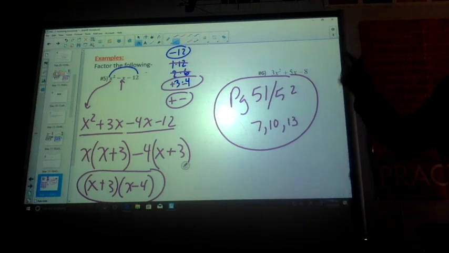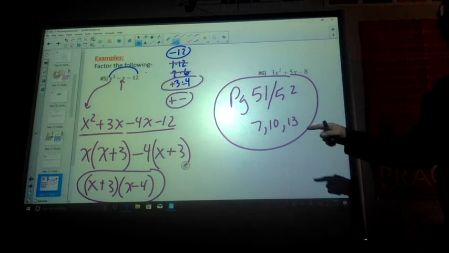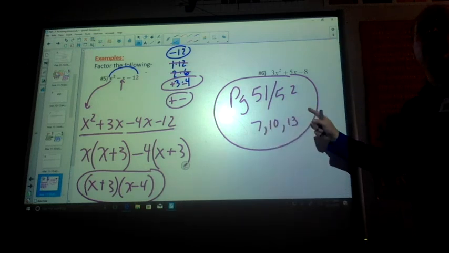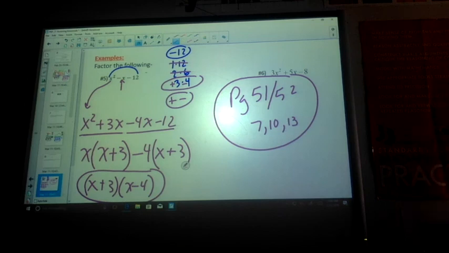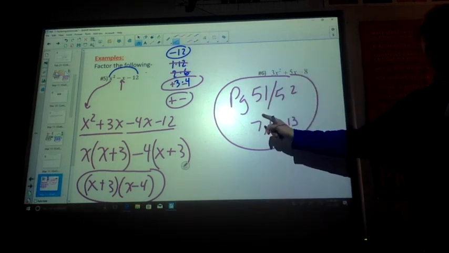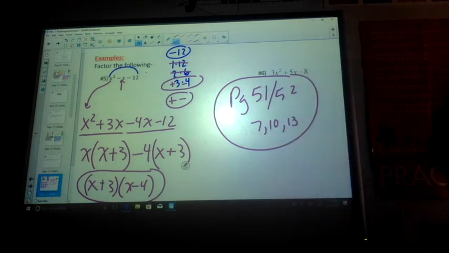They work just the exact same way that we just were doing this. The reason I only want you to try 3 of them, you don't have this down yet, right? I don't want you to reinforce if you're doing it incorrectly all the time. So, page 51, 52, numbers 7, 10, and 13. And then obviously that last sheet.